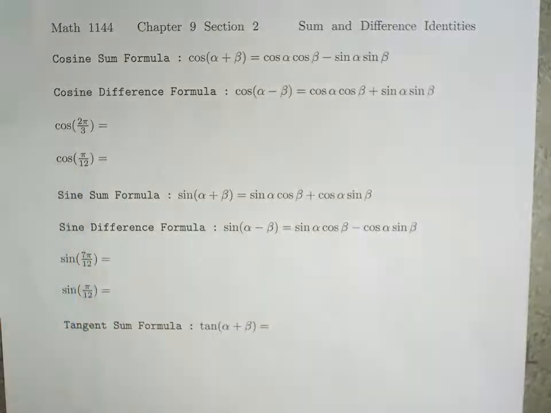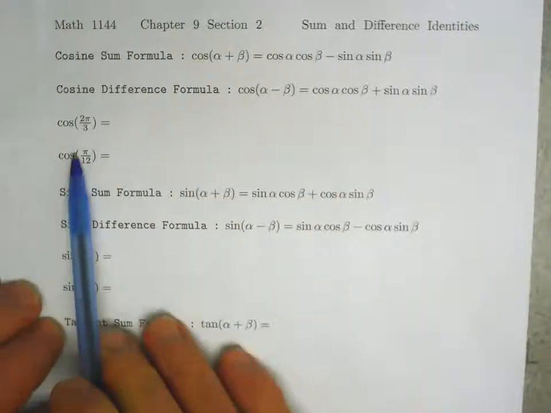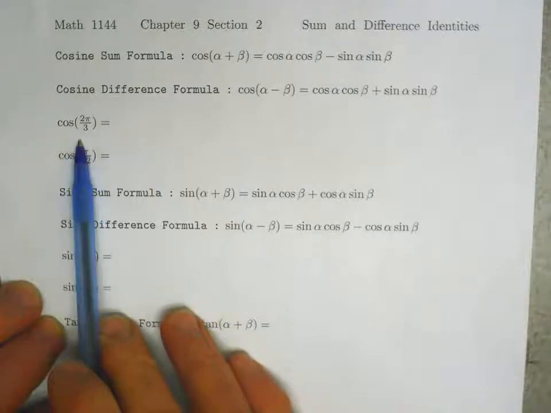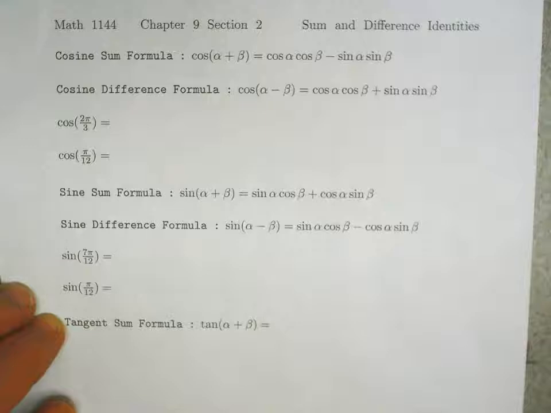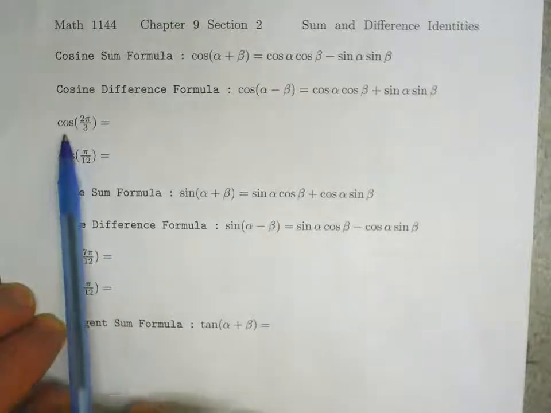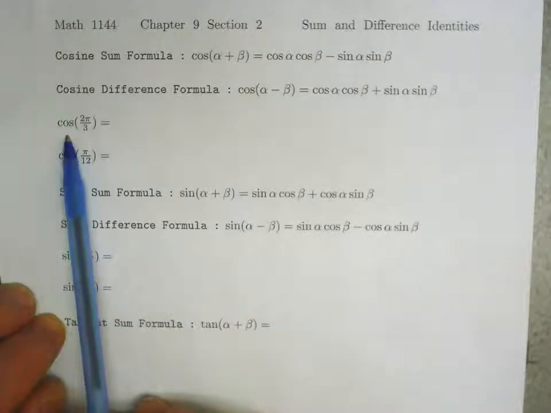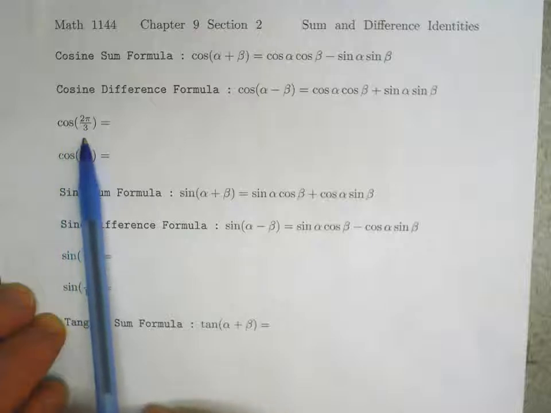To demonstrate how to use those, let's evaluate cosine of 2 pi over 3. We know a way already to evaluate cosine of 2 pi over 3 directly. 2 pi over 3 is in the second quadrant, and the reference angle is pi over 3.